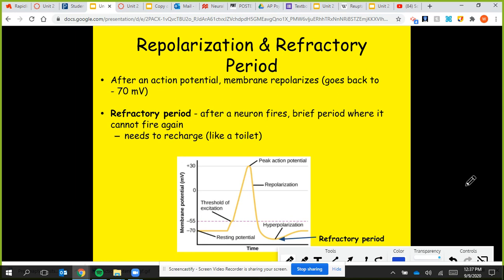As long as the strength of it reaches the threshold, there's going to be an action potential, an electrical signal that travels down the neuron, down to the axon terminal, which triggers the release of neurotransmitters, and then the neuron repolarizes for a split second before it can fire again.